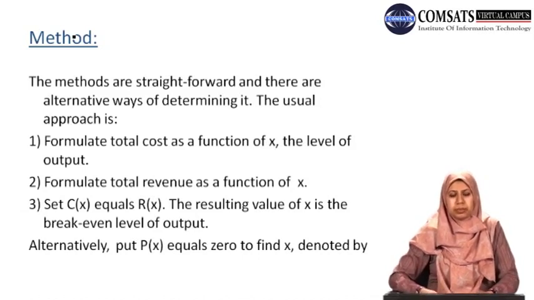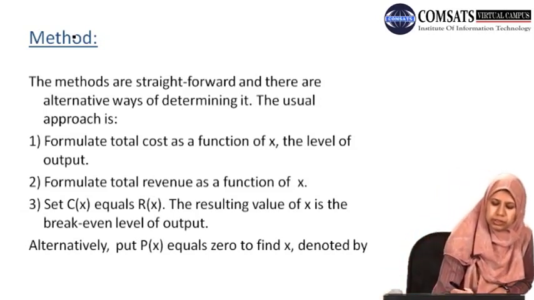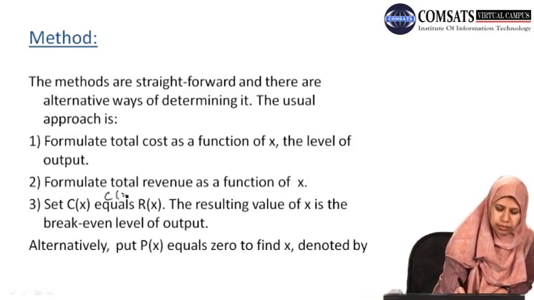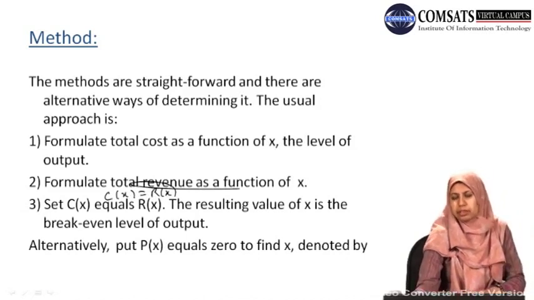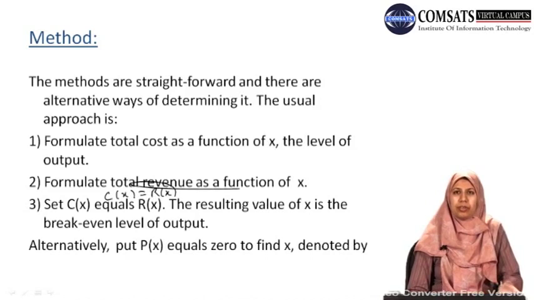The usual and the easiest approach is to formulate the total cost function as a function of x, where x is again the number of units produced and sold, which will give us the level of output. Formulate the total revenue function as a function of x, and put C of x equals R of x, that is cost function equals the revenue function. The resulting value of x is the break-even level of output.